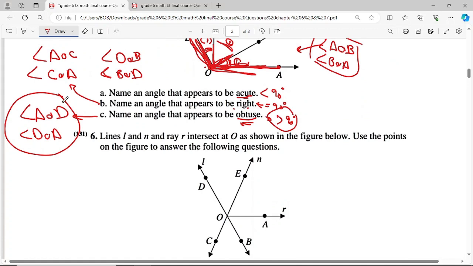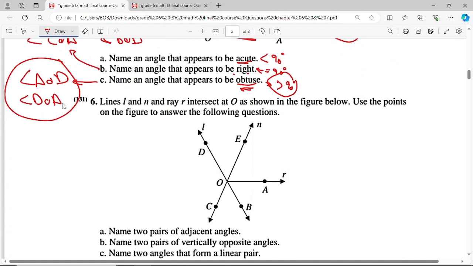Now, question number 6. Lines L and N, and ray R, intersect at O. This is the endpoint, and all these lines and the ray intersect at O, as shown in the figure below. Use the points on the figure to answer the following questions.